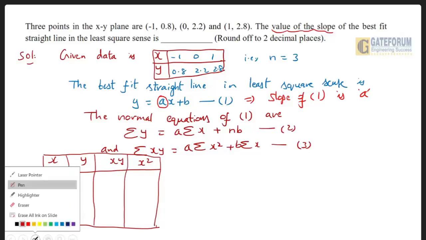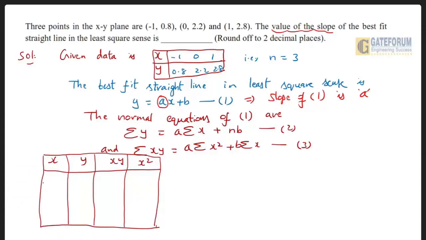Now, in this data, x values are -1, 0, 1. Corresponding y values are 0.8, 2.2, 2.8. X into y is -0.8, 0, 2.8. X square is 1, 0, 1.